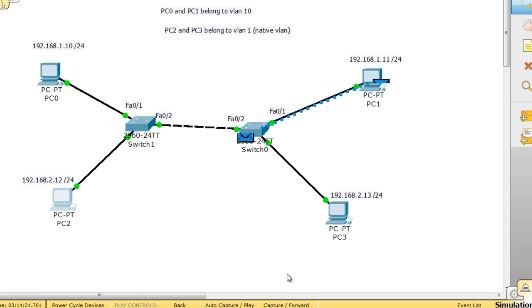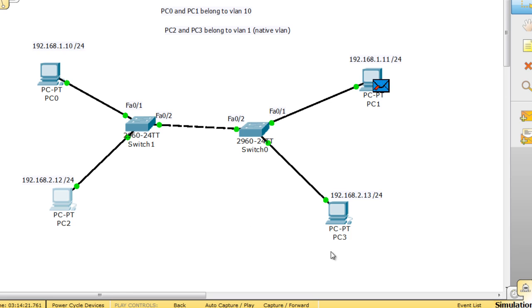You see switch 0 assumes that the packet is for VLAN 10. So it's gonna look, and the only PC that has the port configured for VLAN 10 is PC1. So you see the problem of mismatching the native VLAN.